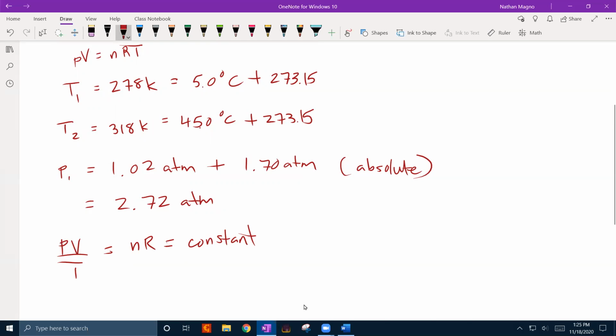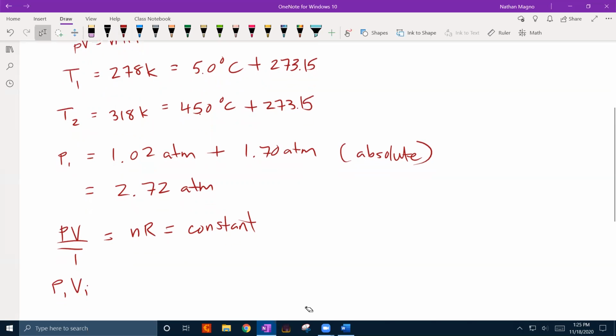So now I'm going to set up pressure 1, V1, over temperature 1, which should equal your final pressure, your final volume, and your final temperature. And we want the final pressure, so we're going to isolate P2.